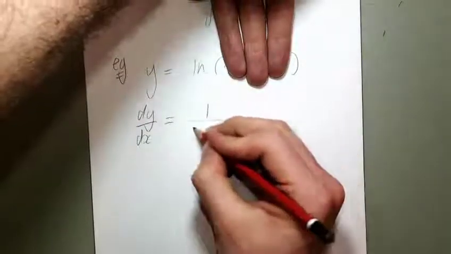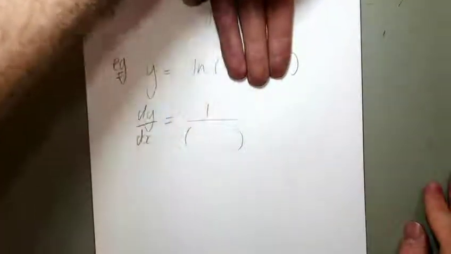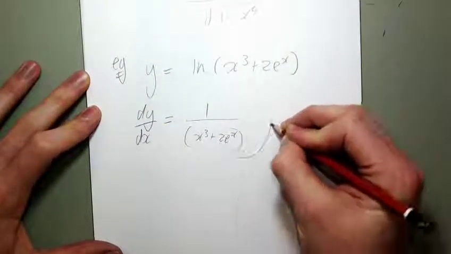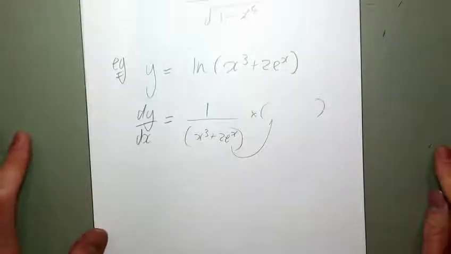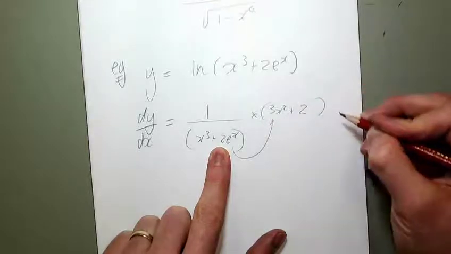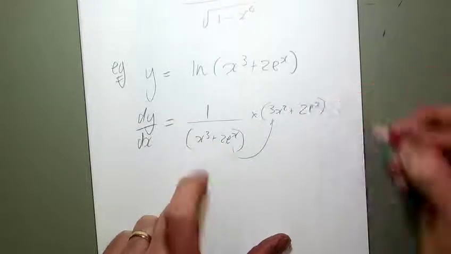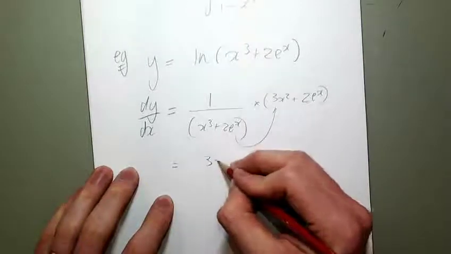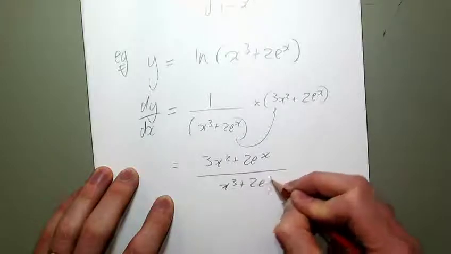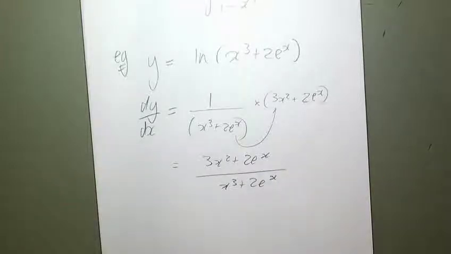It's 1 over whatever all of that is. And then I put the stuff that was there, and then I have to multiply by the derivative of what I had. So 3x squared plus 2, derivative of e to the x is e to the x. Okay, so repeating that to myself every time is what helps me deal with the chain rule.